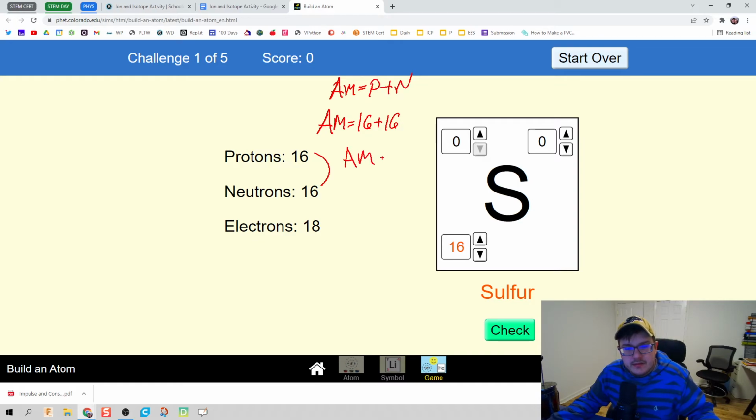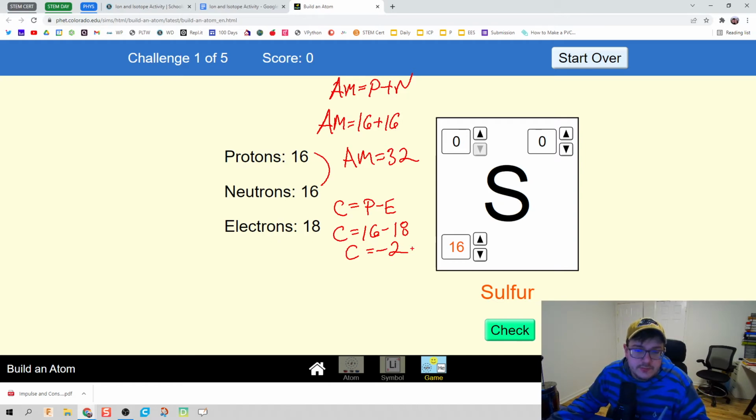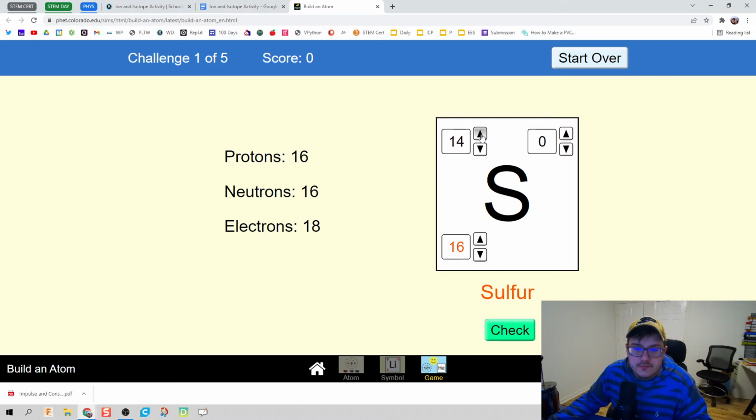So atomic mass equals 32. What about our charge, though? Charge equals protons minus electrons. So 16 minus 18, which is -2. I guess I should write the final answer there. So we got atomic mass of 32 and a charge of -2. You can hold down, it'll go all the way up.